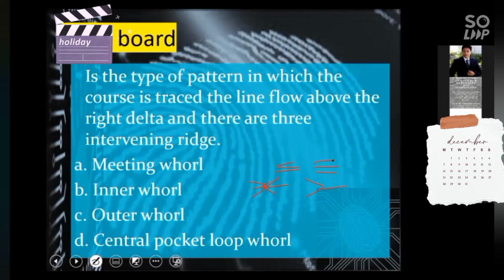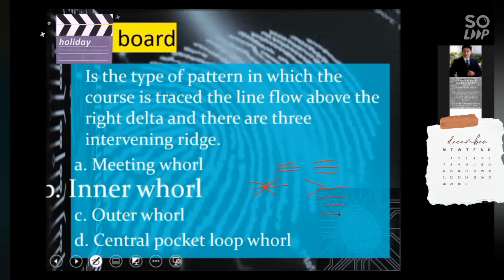If it is above the right delta, it is inner whorl. But if it is below the right delta, it is outer. Okay?